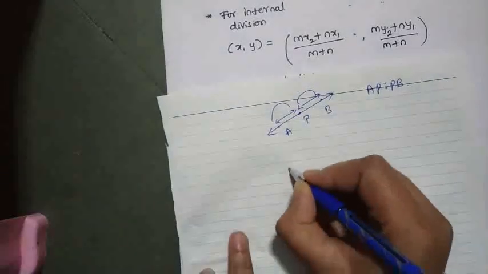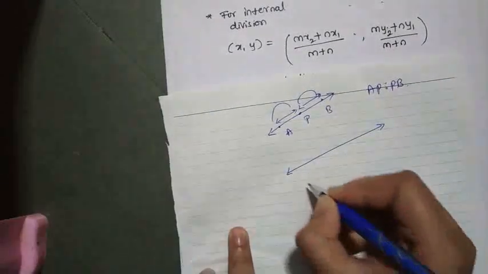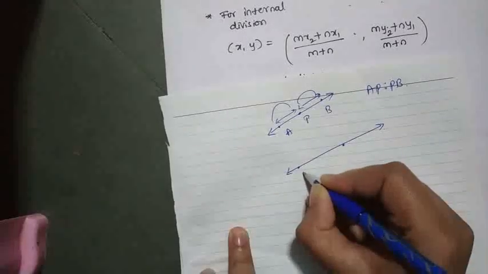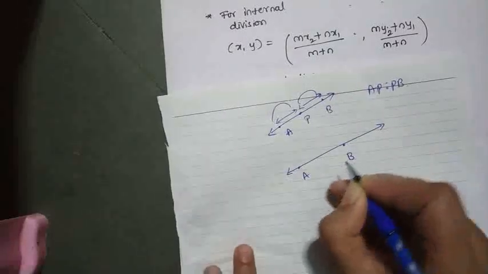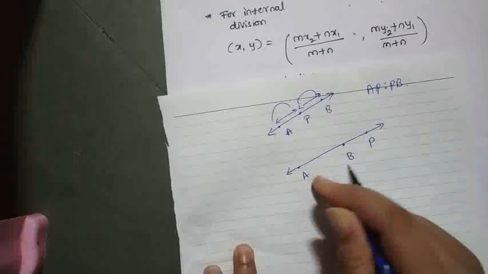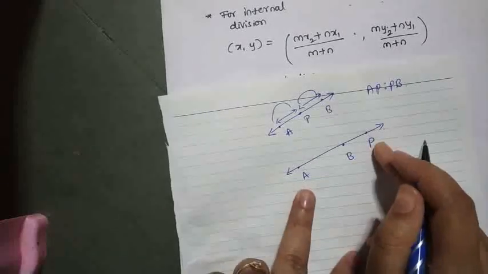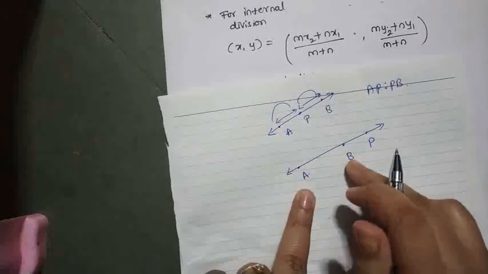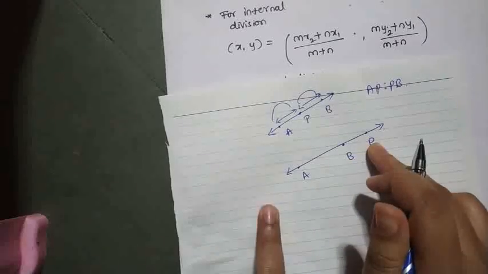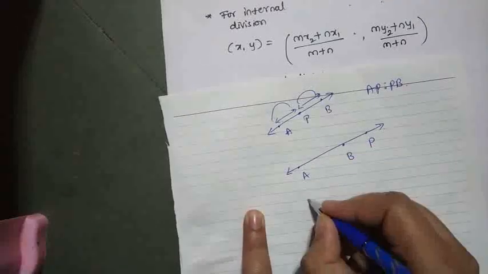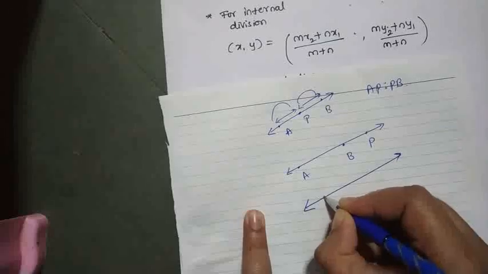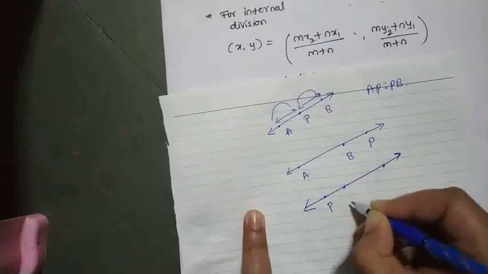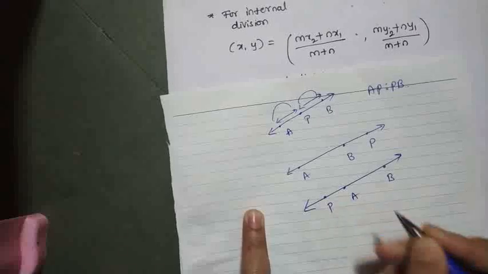Also, if P is any point on the line segment AB but not between A and B, that P may appear to the right of AB or to the left of AB.